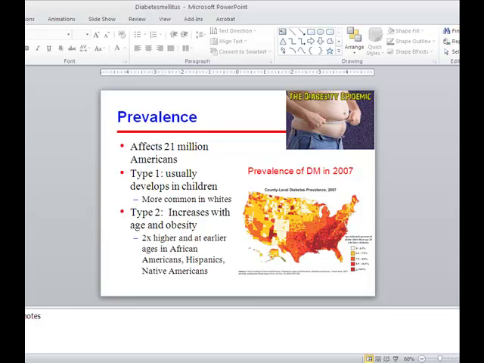This map shows the diabetes prevalence estimated in 2007. The hotter colors are more in the South and the Midwest, and more so in the South. The darkest colored regions are in the South, and one state that always raises a red flag in all of these maps is Mississippi.